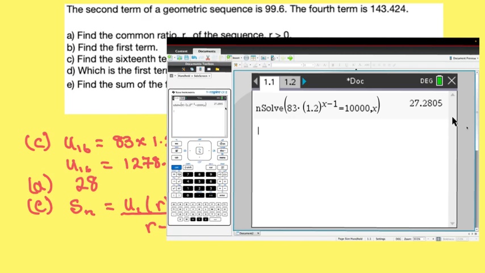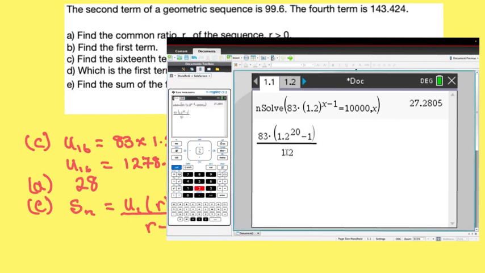Back at the GDC at a calculator page. So we're going to put this straight into the calculator. So I'm going to go Control Divide to get a fraction. So I want 83 times brackets 1.2 to the power of 20 minus 1. Go to the bracket at the bottom.